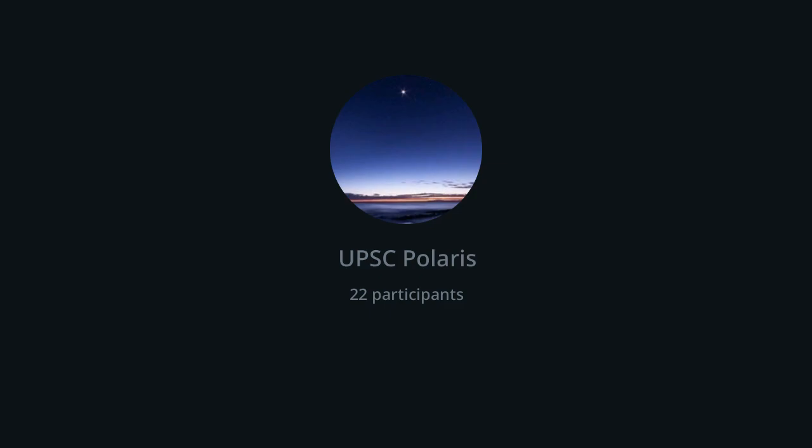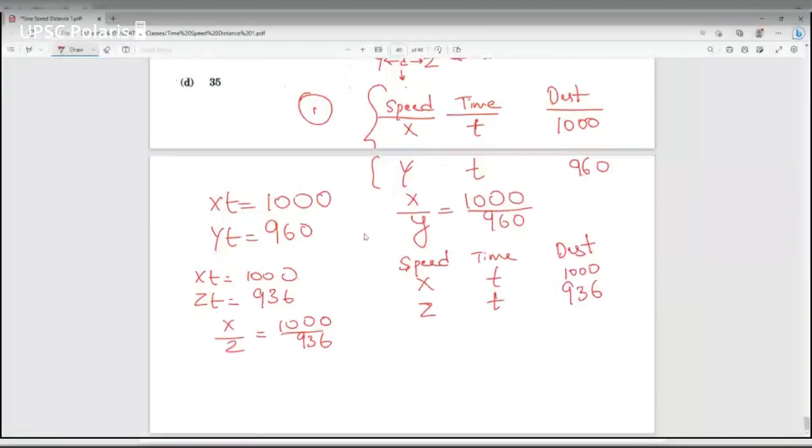Now what they're saying is, how many meters Y has to give Z to cover the same distance. So we have X by Y and X by Z. We calculate the speed of Y in terms of the speed of X. So we move this Y this side. Y is equal to 960 X divided by 1000.